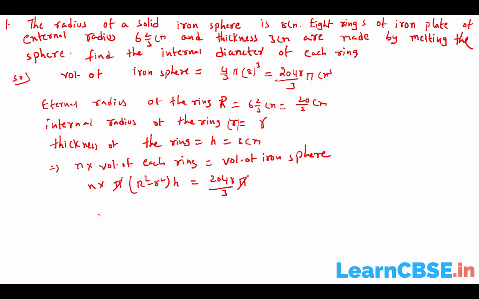Pi gets cancelled, N into 20 by 3 whole square minus r square into 3 equals 2048 by 3.